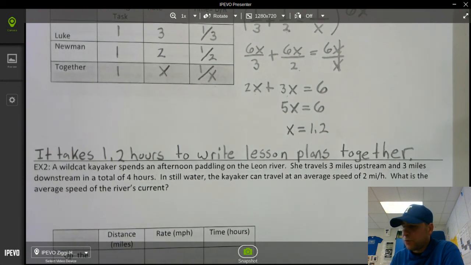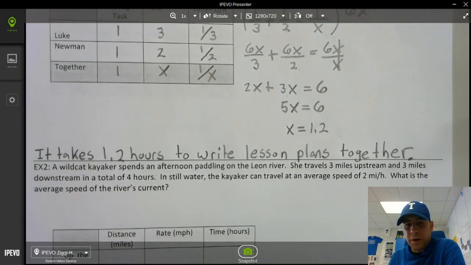All right, now at this point, what I want you to do is try to set up the table. Try to set up the table in example 2. Now, if you think you can set up and solve, then go for it. Set up and solve. But all I really want you to do is just try to complete the table. And then tomorrow, or not tomorrow because it is Friday, on Monday, I'll go over example 2 with you in class.